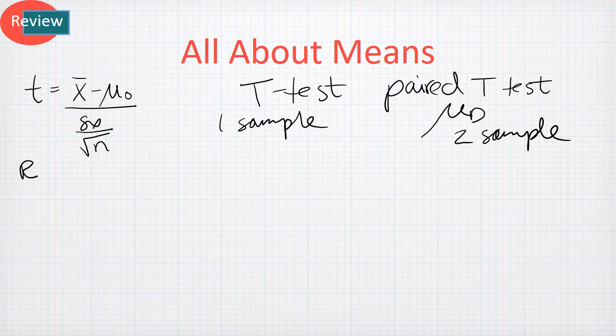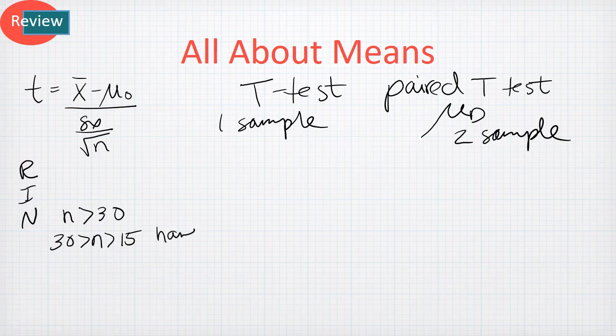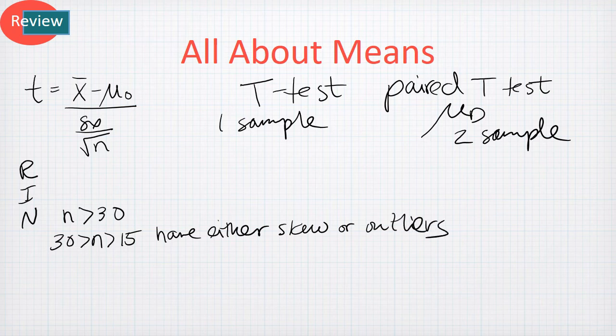The conditions will be the same, randomness, 10%, and then the normal is going to be our central limit theorem, so n has to be greater than 30. If for some reason it's less than 30, we hope that it's greater than 15, because then we can have either a skew or outliers. Okay, so one or the other is fine.